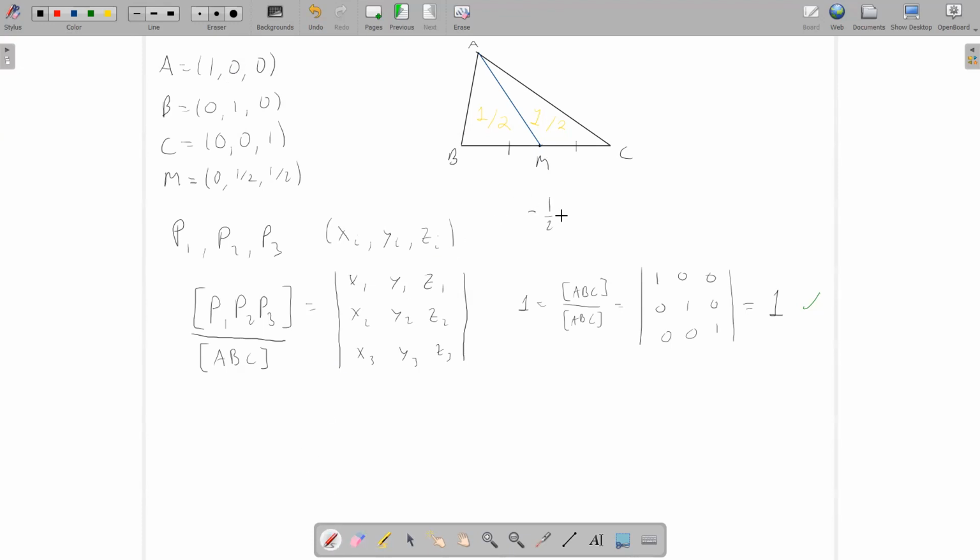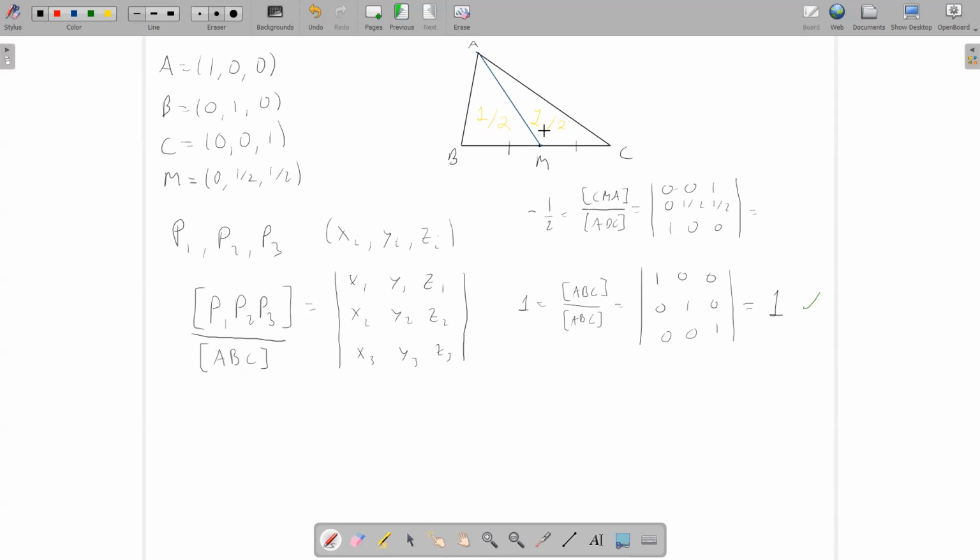You can say negative 1/2 will be the area of CMA divided by the signed area of ABC, which will be the determinant. C is 0, 0, 1. M is 0, 1/2, 1/2. And A is 1, 0, 0.